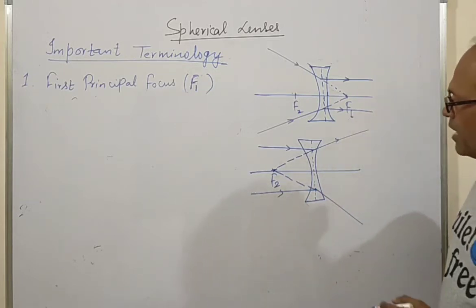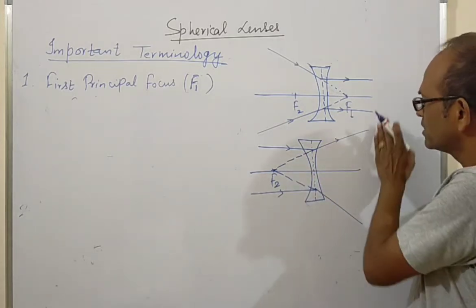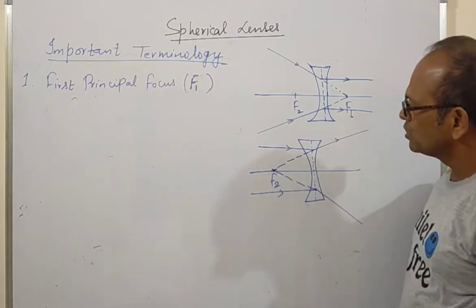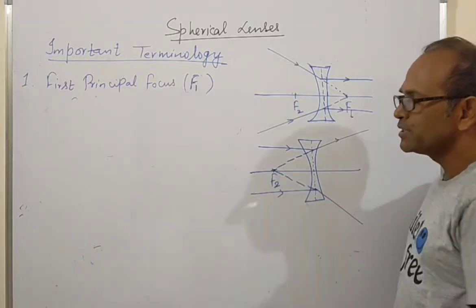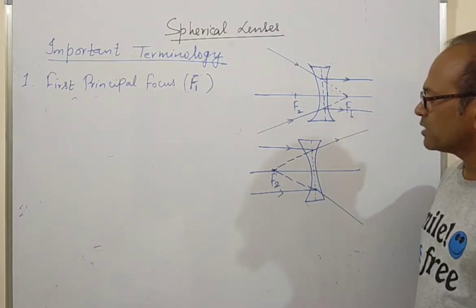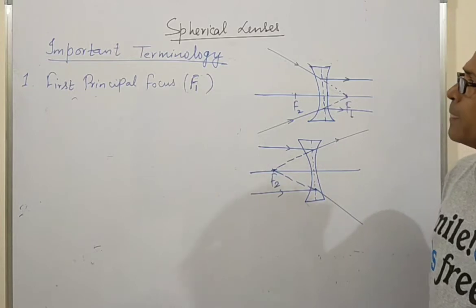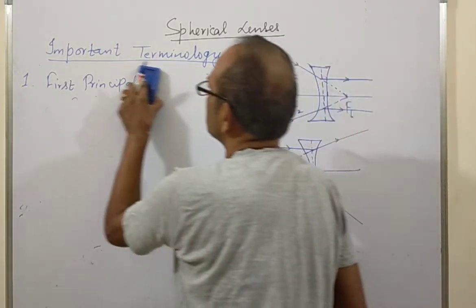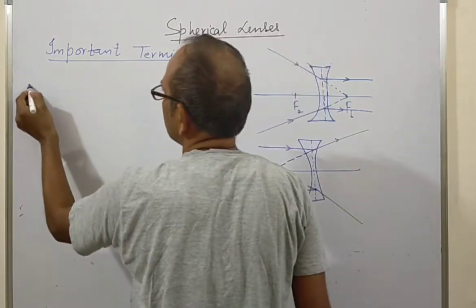And if parallel rays of light after refraction get diverged and appear to diverge from a point on the principal axis, then that point is called second principal focus. Okay, now next important terminology here we have is optical center.